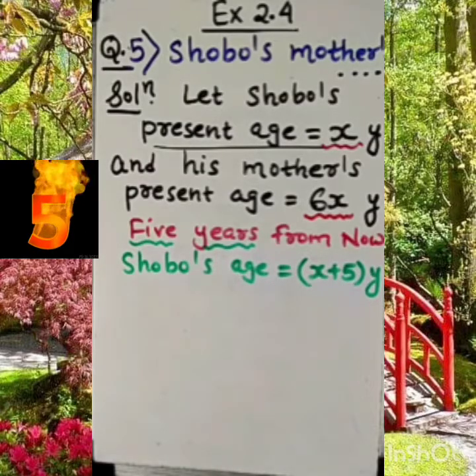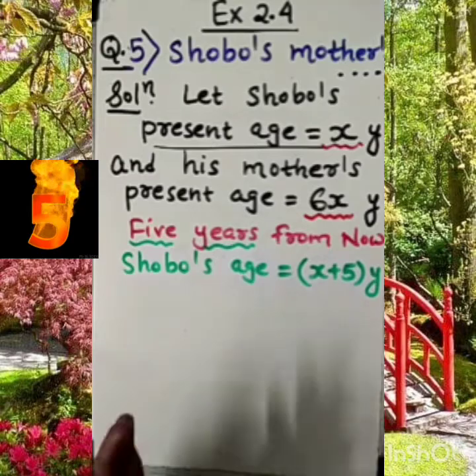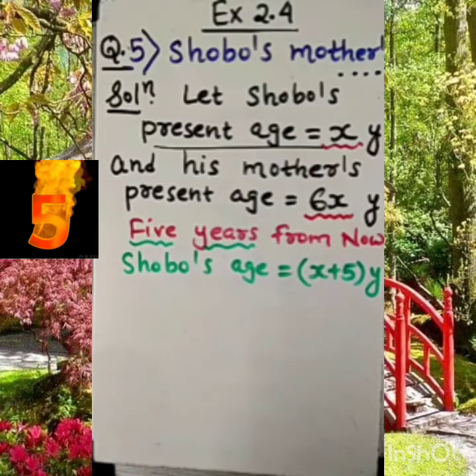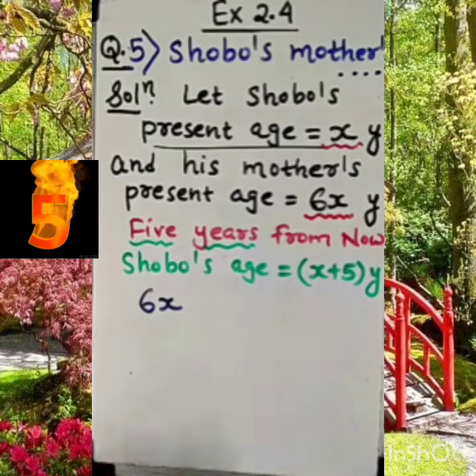Okay. Now let's try to form an equation. According to the given detail, Shobo's age 5 years from now will be 1/3 of his mother's present age. What is the mother's present age? It is 6x years. Agree?